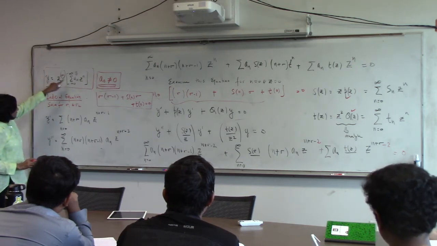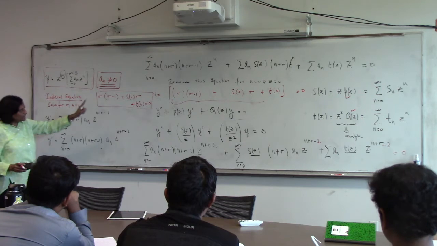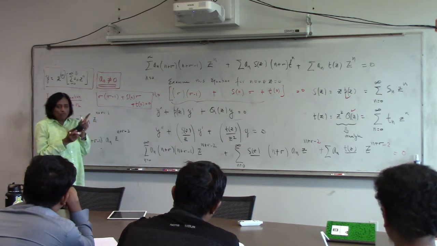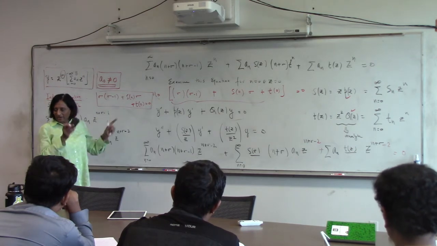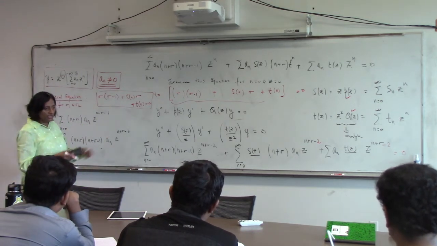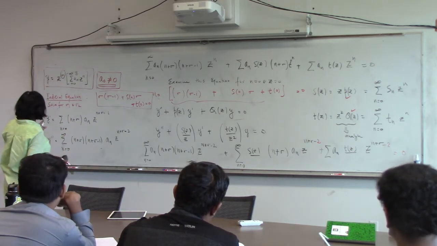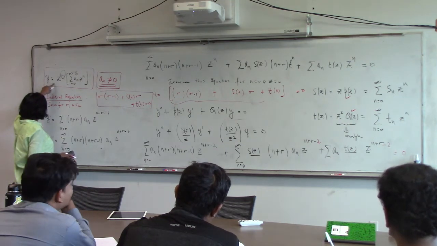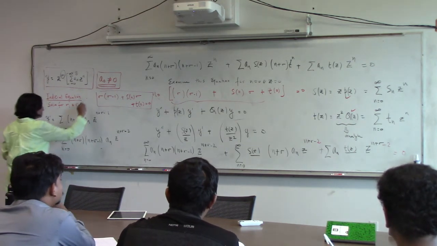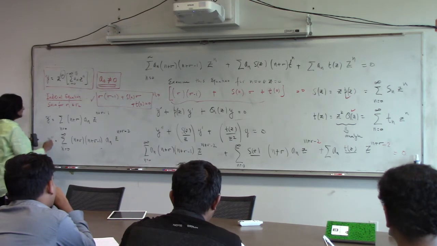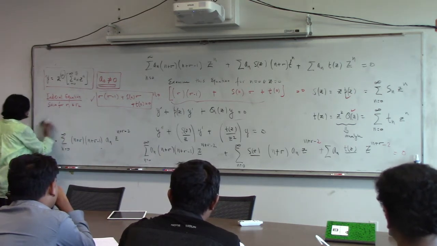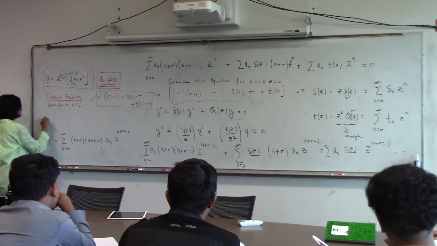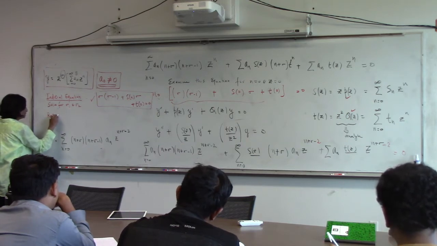And of course, we'll also set up the recursion relationship that is obtained by looking at the coefficient of z to the power n or something like that, and then you can get a relationship between an and an plus 1 or an plus 2 and all that. So for a Frobenius series, you not only have to calculate the roots, you'll also have to set up the recursion relationship to calculate the coefficients a sub n.